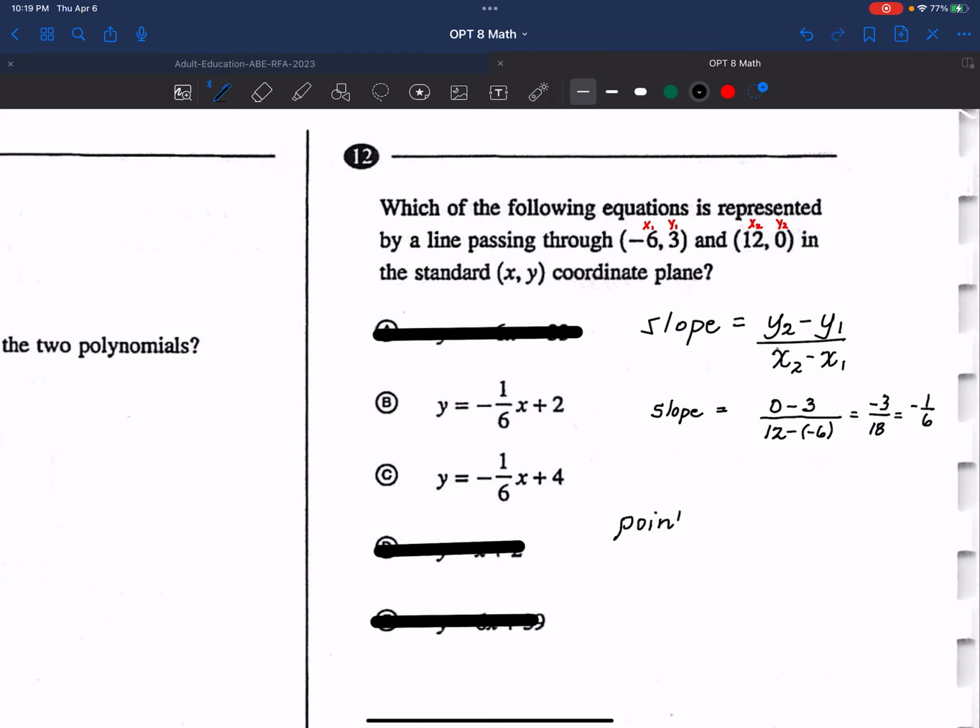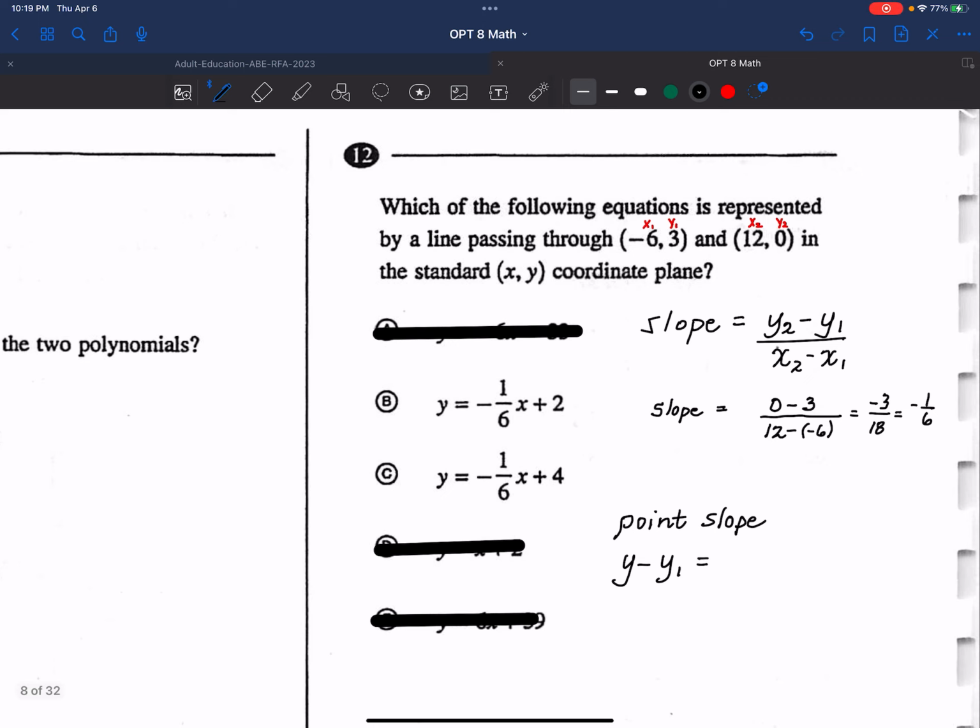And point slope is another one you would need to memorize. It looks like this. y minus y1 equals m times x minus x1. And remember, m is what? Slope.